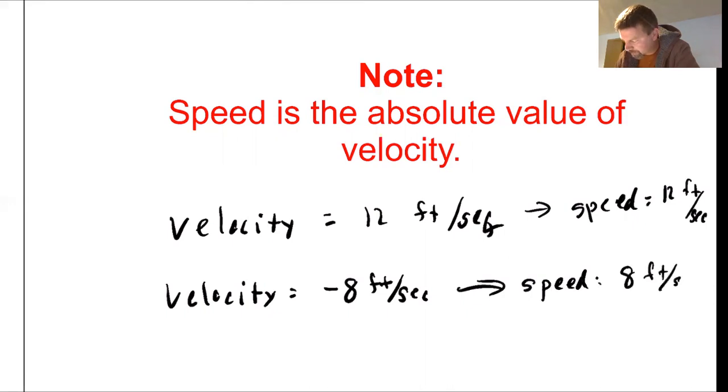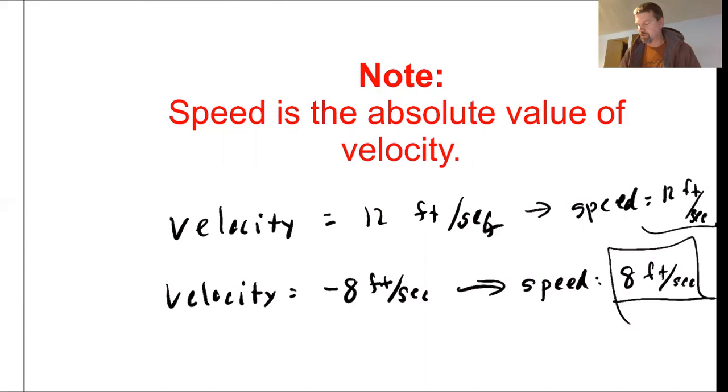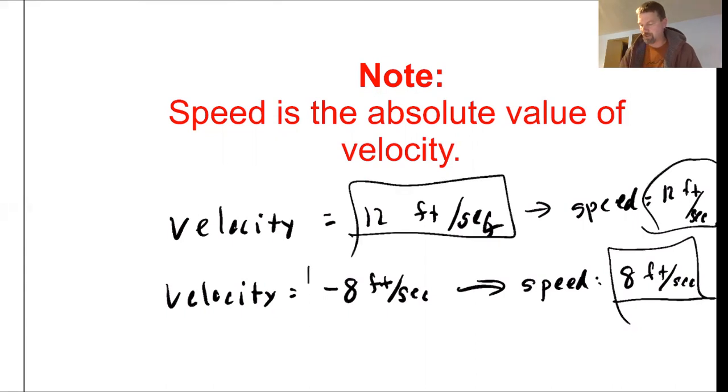It's the absolute value. We don't give a speed a positive or negative component. It's just the positive version, right? So speed is just the same thing as velocity. The difference is velocity can be positive or negative, indicating your direction.